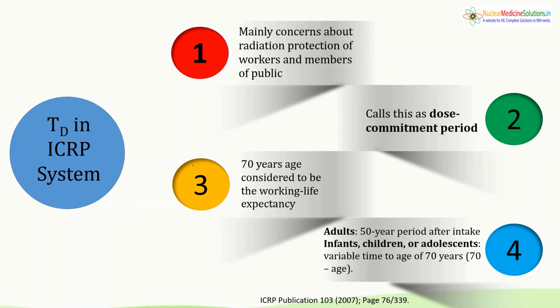For adults, they take it as 50 years, where they consider the age of intake to be 20 years, so 70 minus 20 is 50 years. But for infants, children and adolescents, the time is variable and it is 70 years minus age.